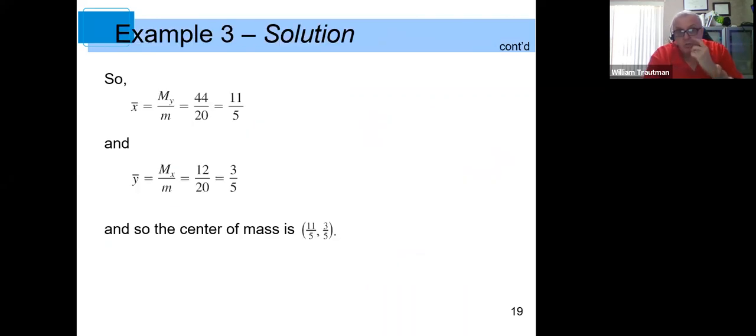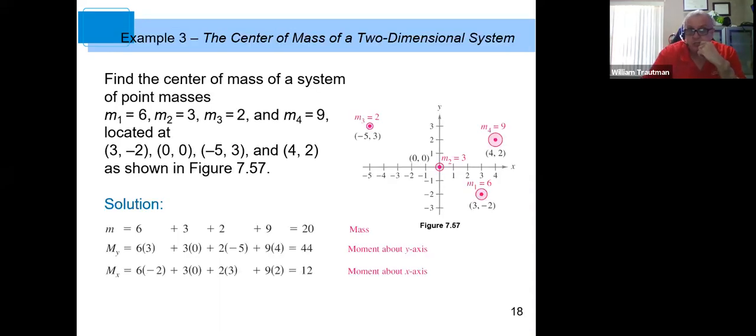So it's that one coordinate, which I showed once again. 11.5 is about right here, 3.5 is about right here. So this is the center of mass. And that's two-dimensional.